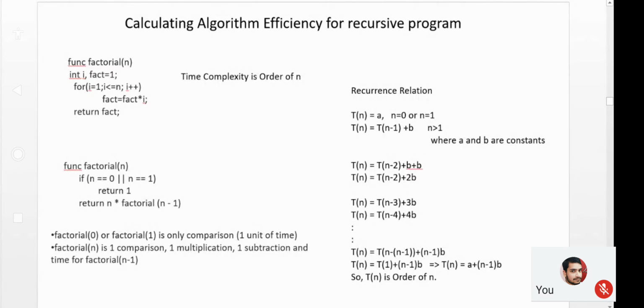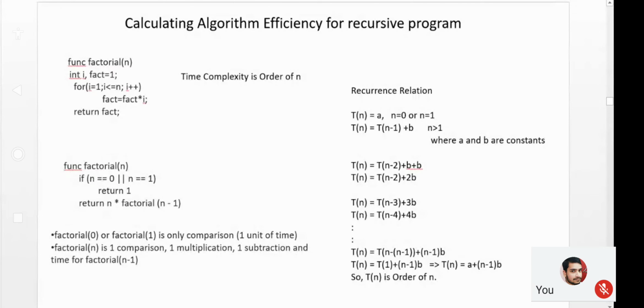Now, if the size of the problem is either 0 or 1, that means if n equals 0, what will be the factorial value? The factorial is 1. If n is 1, then the factorial of 1 is also 1. So we can take these two as the base condition. For that, it takes a constant time. Why constant time?